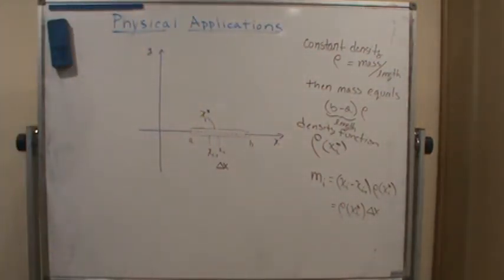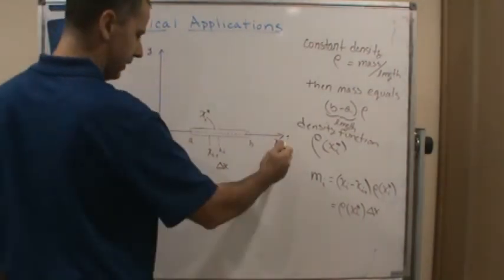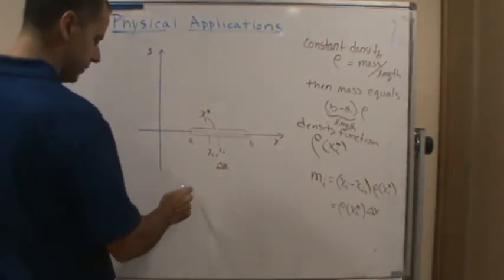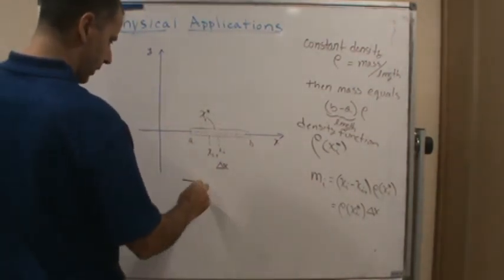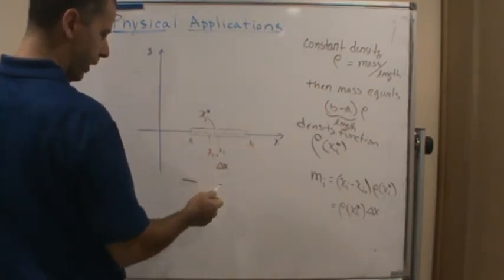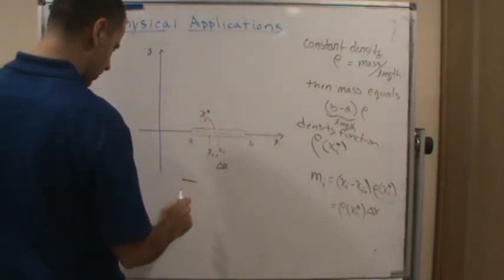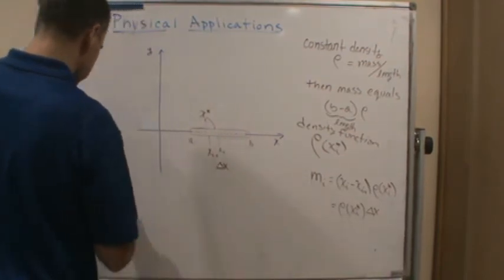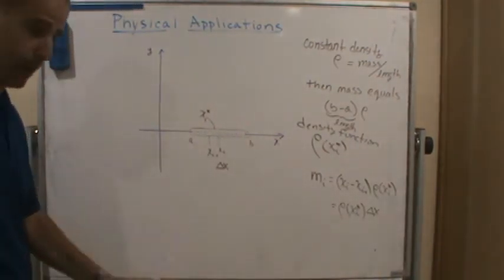And of course, now let's set up our sum. We have n subintervals, so let's do it for each one. And then to get the whole mass of the rod, we're going to add them up. We're going to form another Riemann sum here.